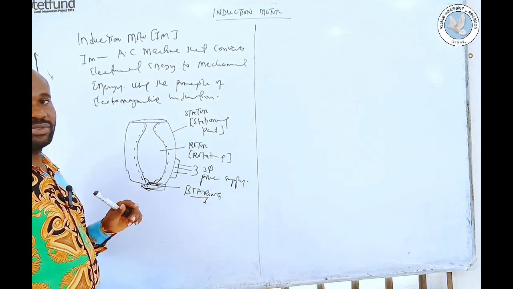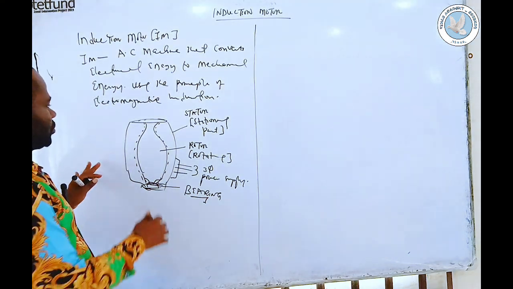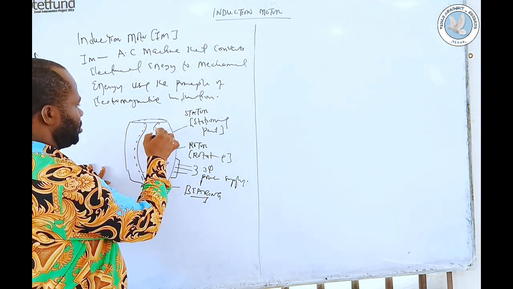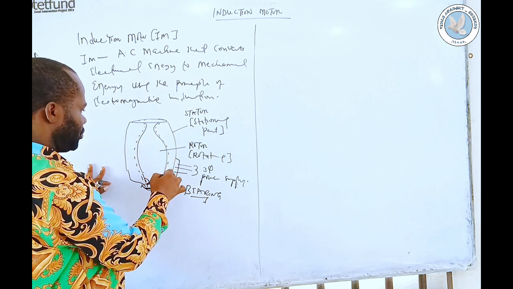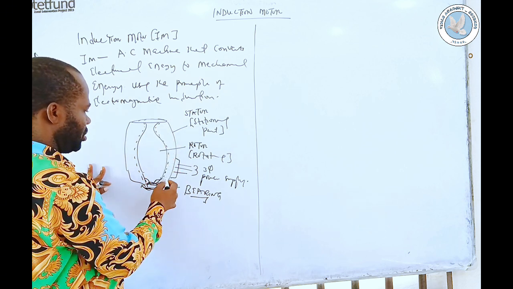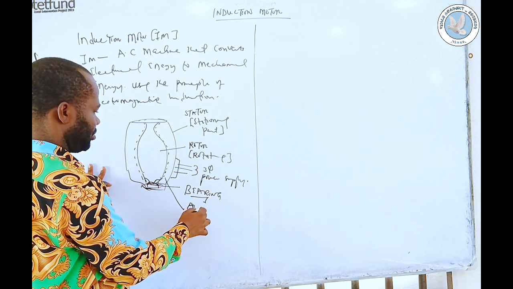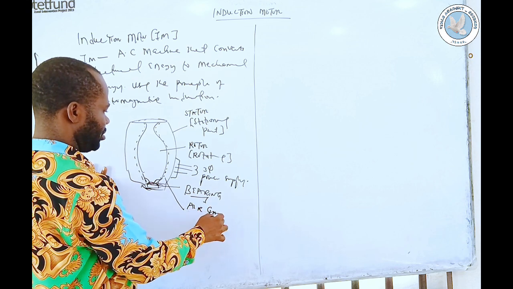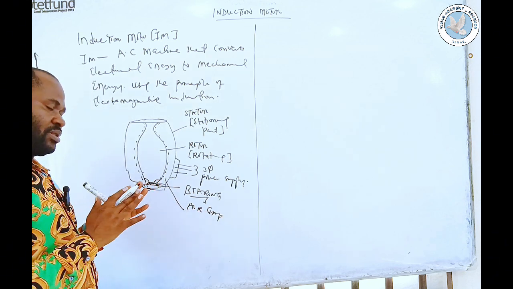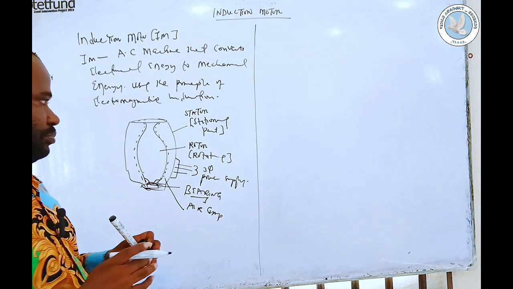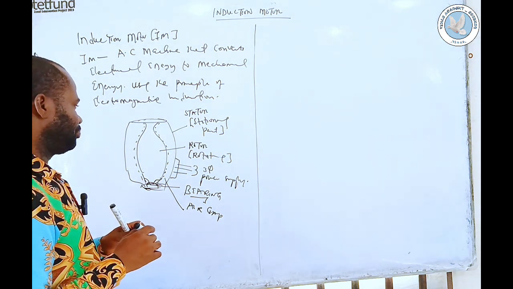It actually rotates on the bearings. Now we have this thin line between the rotor and the stator. We call that air gap. The air gap is the thin line that separates the rotor from the stator.